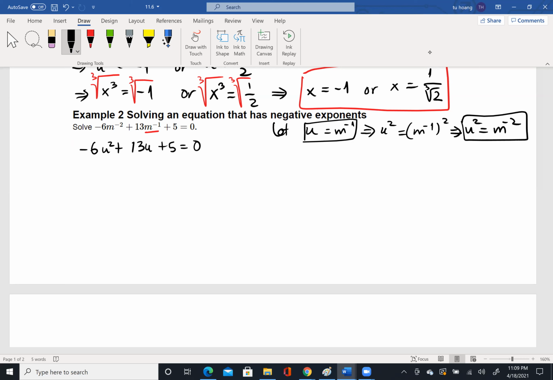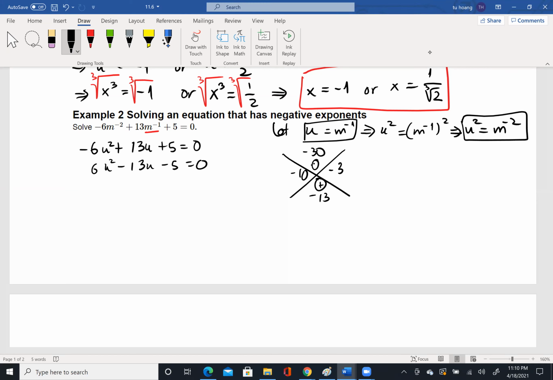Okay, for this one, I would like to multiply by negative 1 on both sides. I have 6u squared minus 13u minus 5 equal to 0. And then I will apply the AC method. So I have a times c equal to negative 30, and then I have negative 13. So I need two numbers that multiply to negative 30 and add to negative 13. Say negative 10 and negative 3?